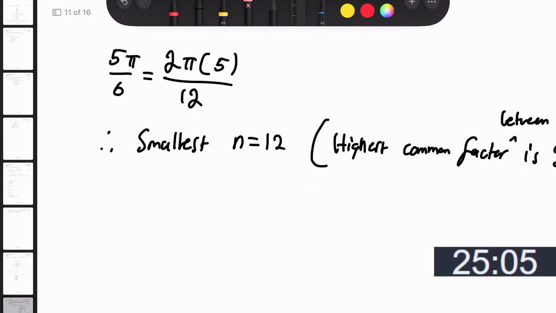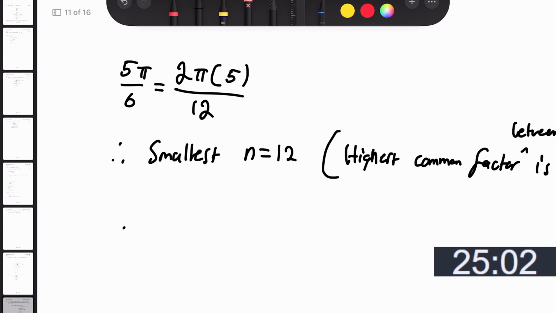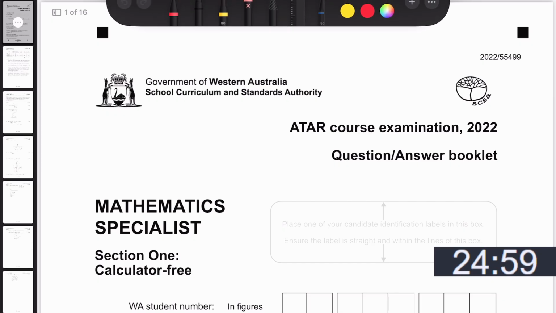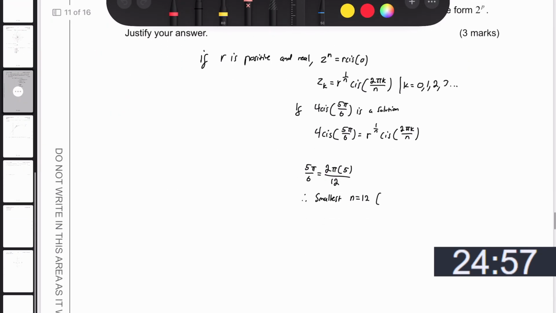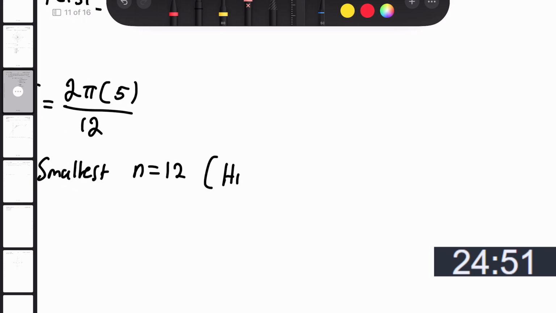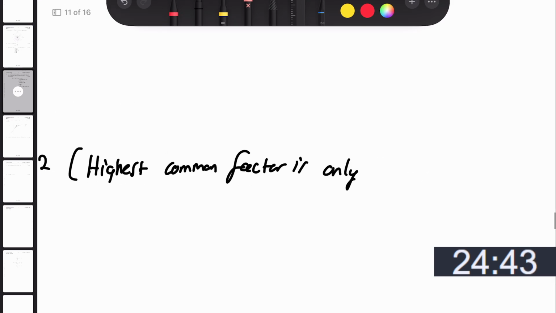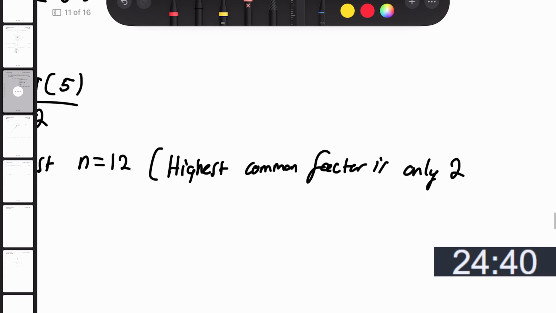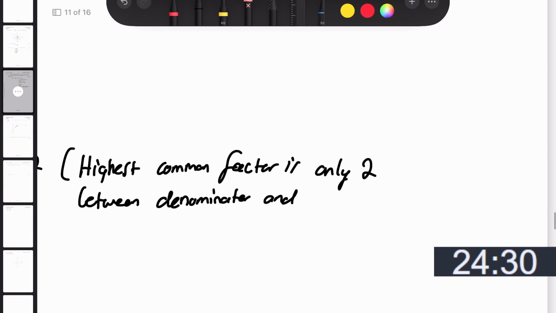So my n is 12, therefore. Okay. So I'm just going to continue. Highest common factor is 2 between denominator and, what's it called, numerator.